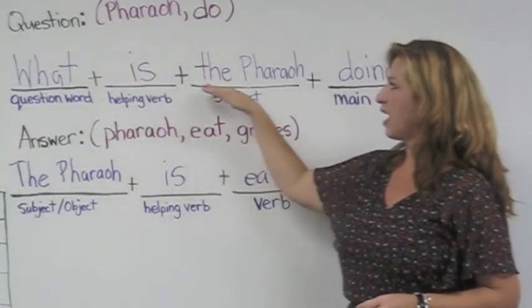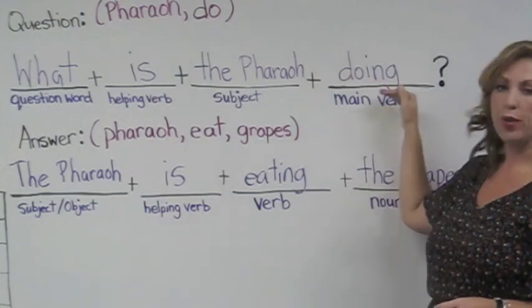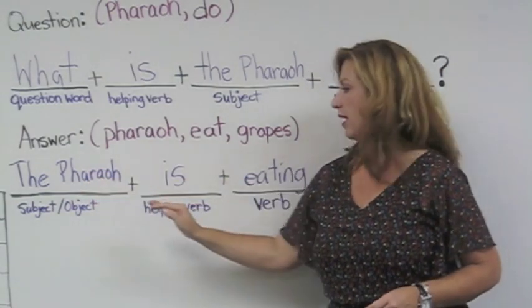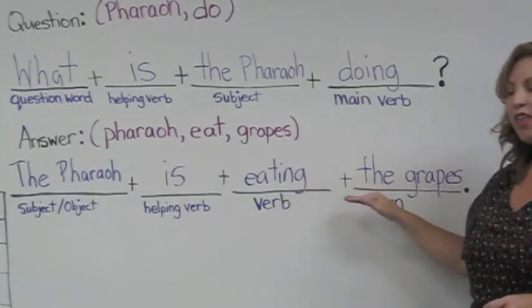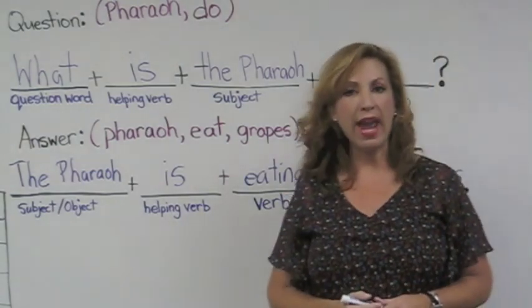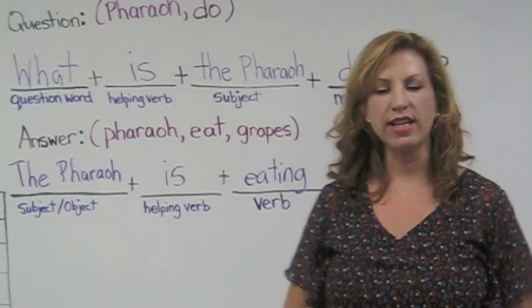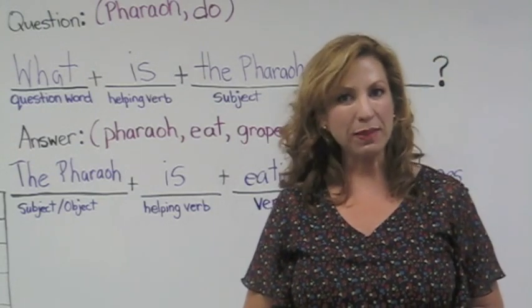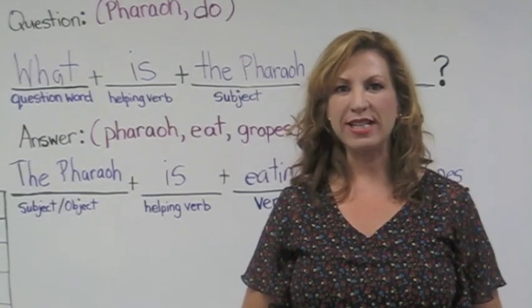What is the Pharaoh doing? The Pharaoh is eating the grapes. Very good. So now it is your turn to continue with problem 1 in your books. Press play when you are ready to do it together.